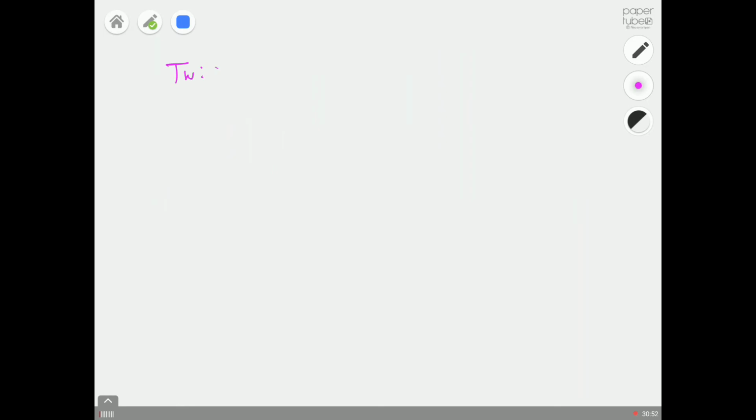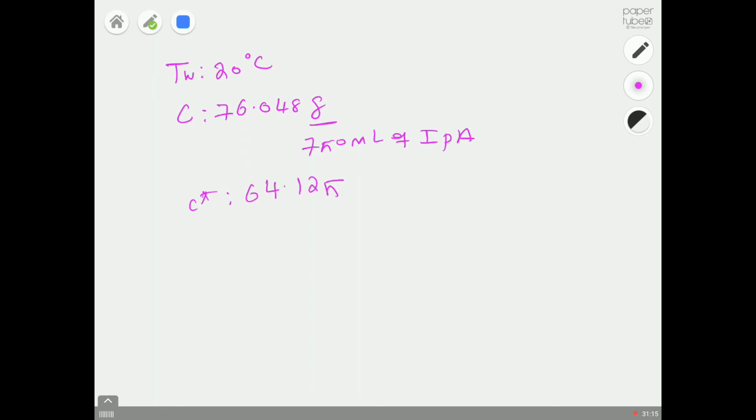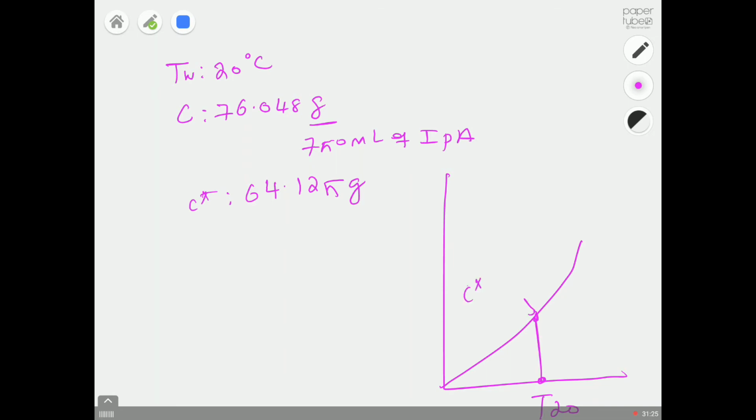Our working temperature is 20 degrees centigrade. Our initial concentration is 76.048 grams per 750 ml of IPA, and our solubility concentration at 20 degrees centigrade, your C star, is 64.125 grams. We heated from room temperature up to, I think, 60 degrees centigrade, just to ensure everything is dissolved.